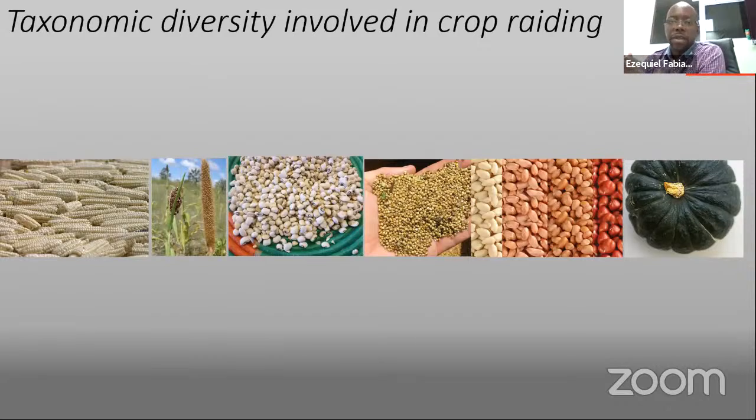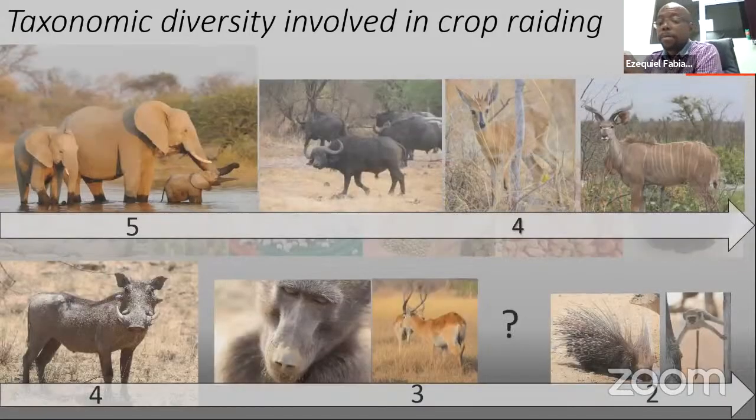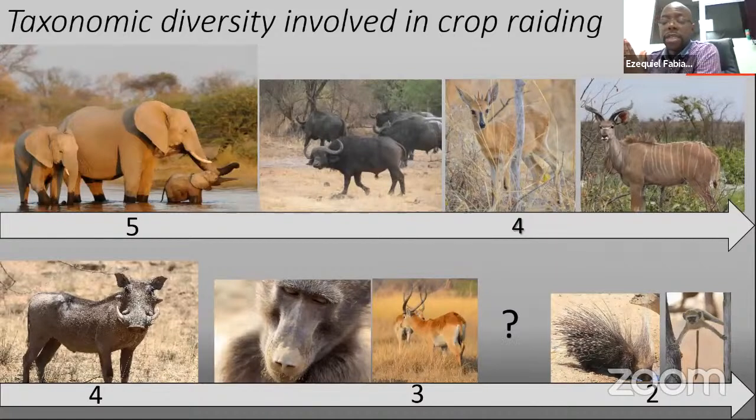In terms of species involved in conflict, this figure shows the different cereals or crops that are cultivated in this area, and we found that there are more than 11 problem-causing species in this area.